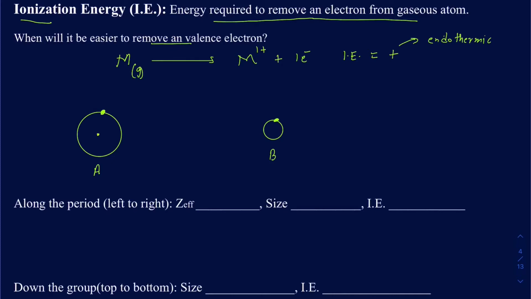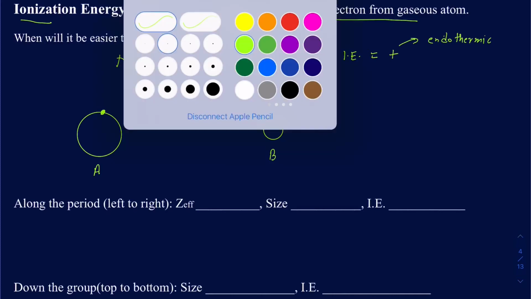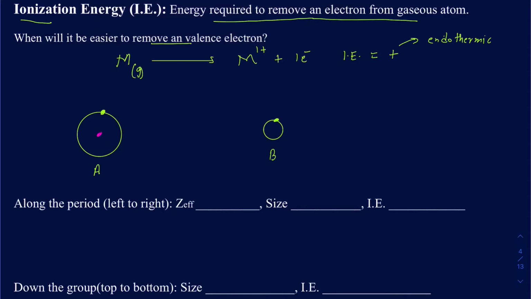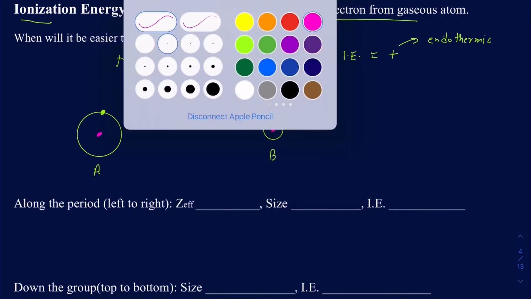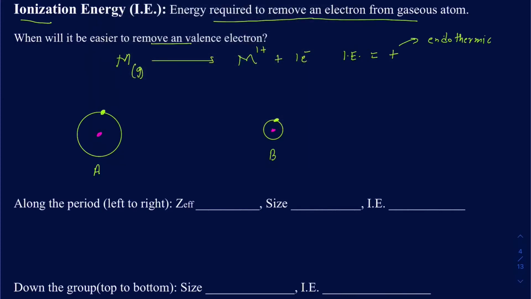In this particular case, we have the nucleus at the center of the atom. Now, which electron is going to be easier to remove? Is it the electron in element A, or the electron in element B?